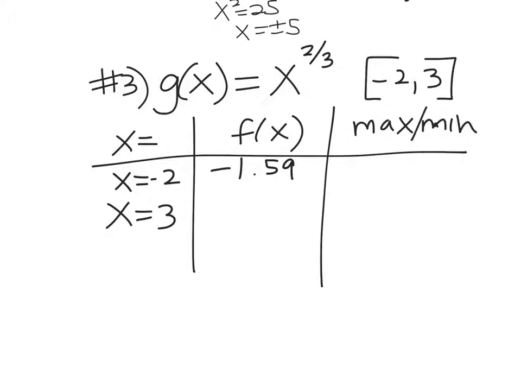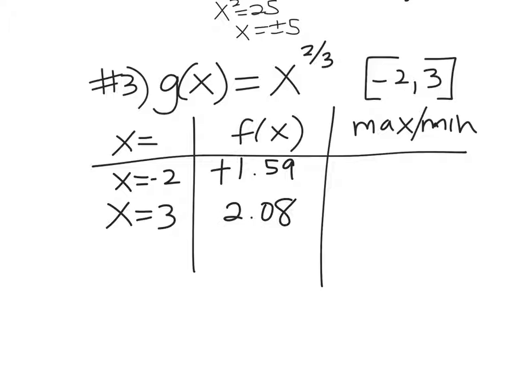It's positive. Positive, thank you. It is positive, because it's negative 2 to the 2/3. I should have put parentheses. I yell at my Algebra 2 kids all the time about that. You're squaring the negative 2, and then you're cube rooting it. 2.08. Yep, that's what I got too.